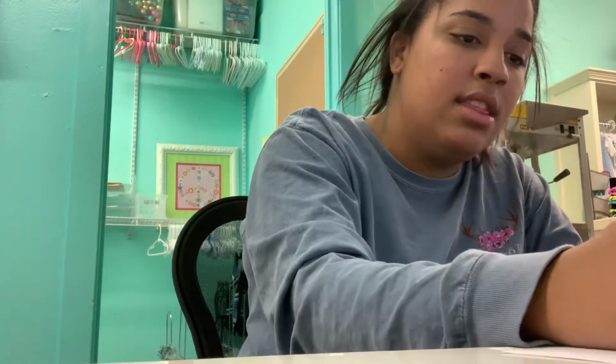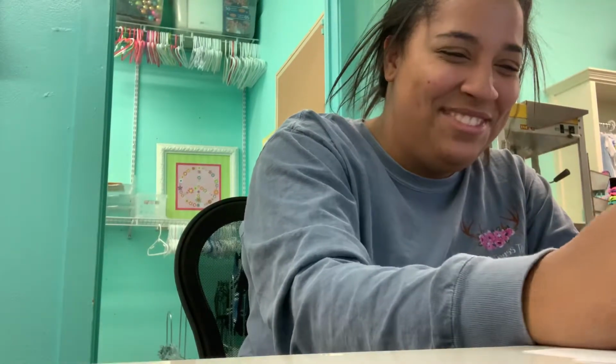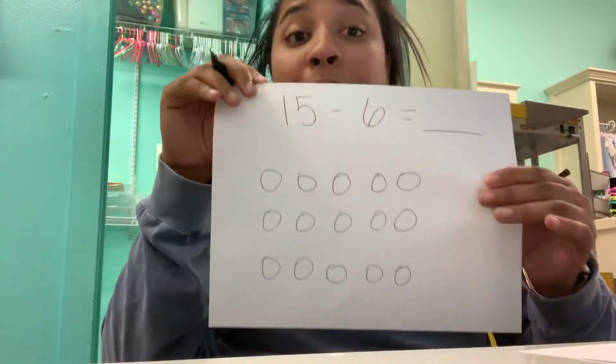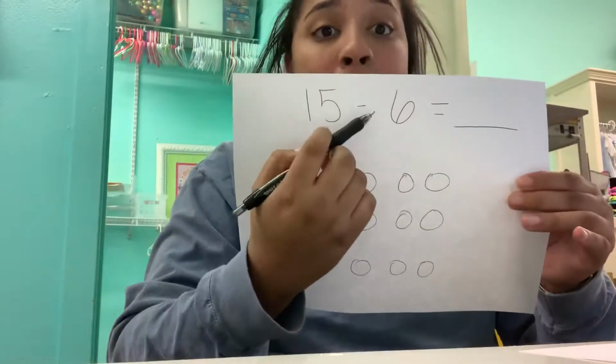Our next problem is 15 minus 6. So I'm going to draw 15 counters. All right, so we have our 15 counters. We're starting off with 15, and we're going to take away 6. It does not matter where you draw these X's on the counters.